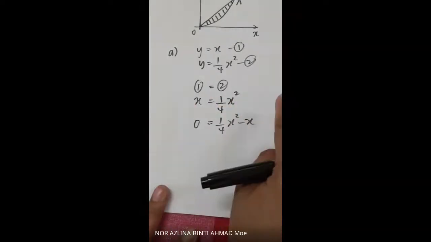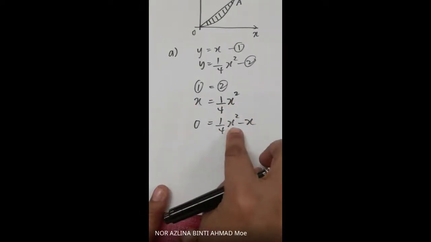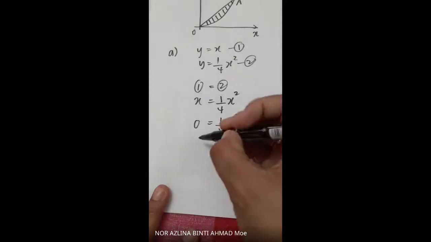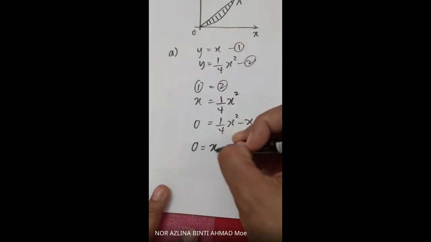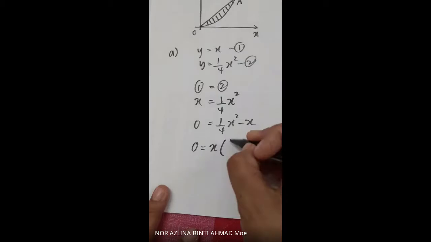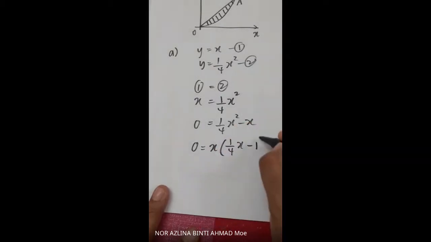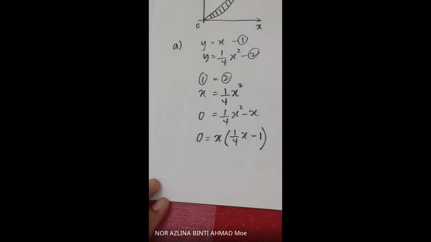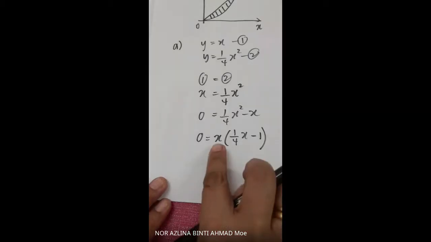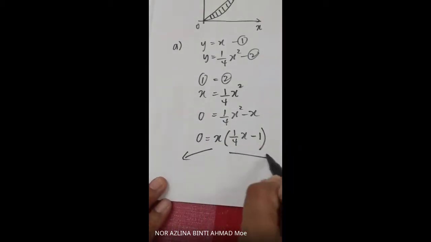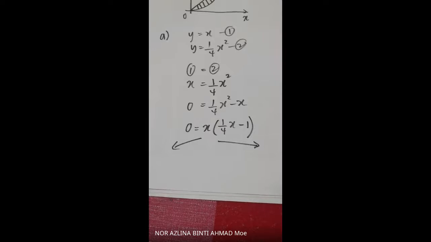You need to form a quadratic equation. Okay, and now I factorize x. This is 1 over 4 x minus 1. And this is two answers because quadratic.